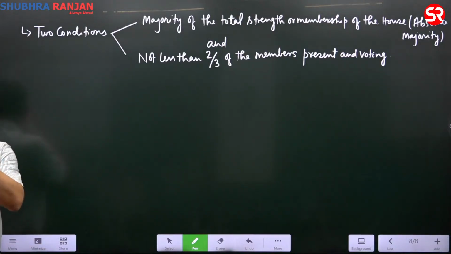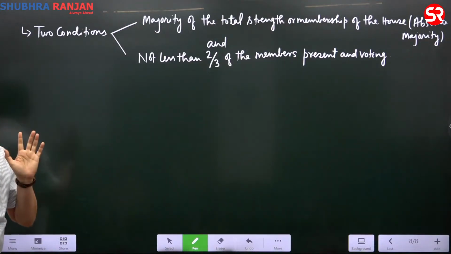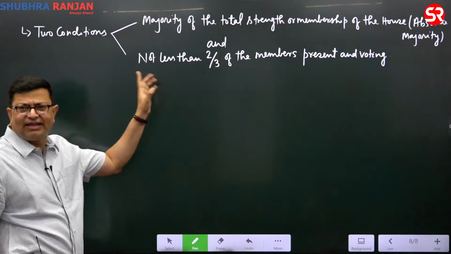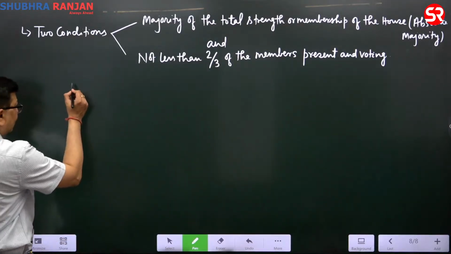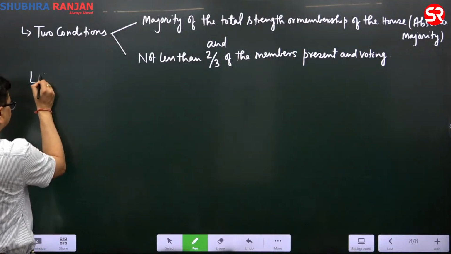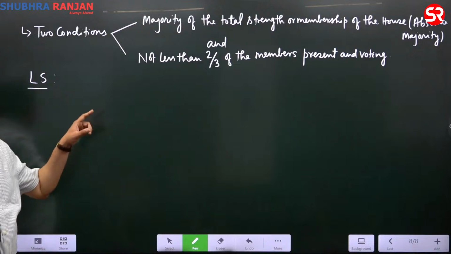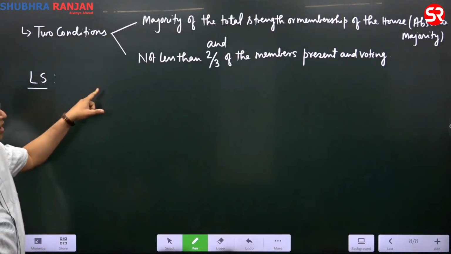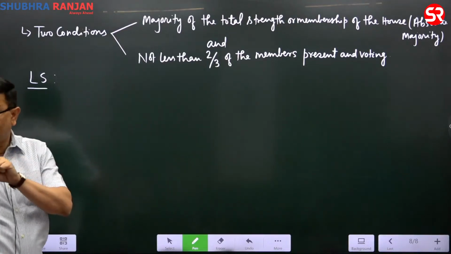It is not either or. Both the conditions have to be fulfilled. This condition as well as this condition. I will give you an illustration also. Suppose in the Lok Sabha, a bill has been introduced which requires this majority to be passed in the Lok Sabha.